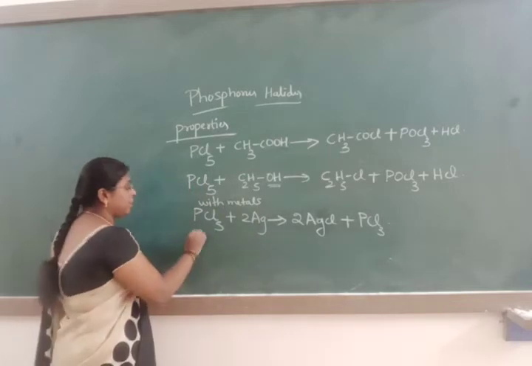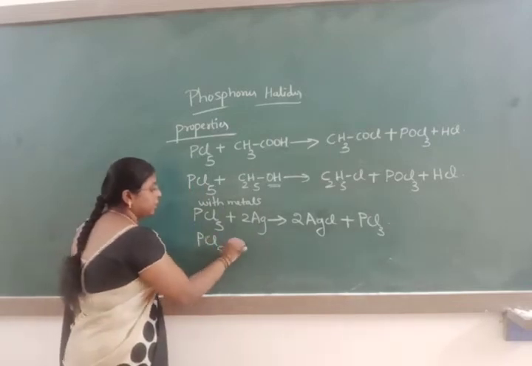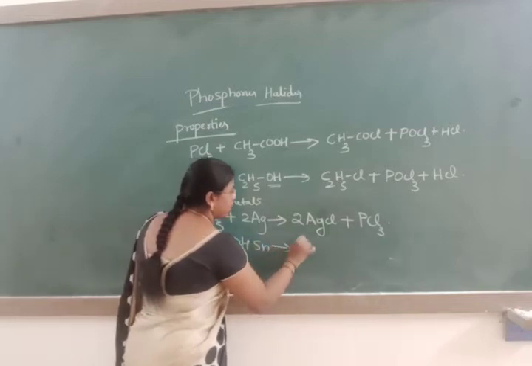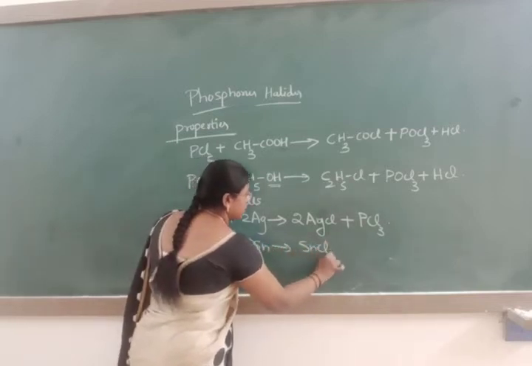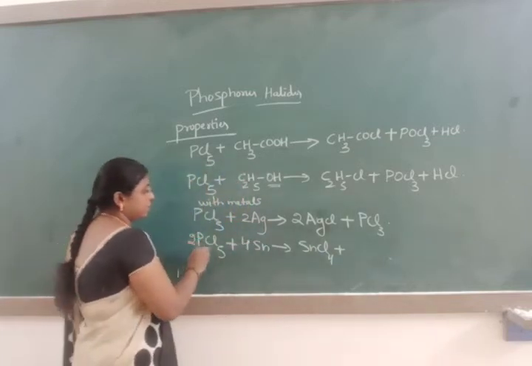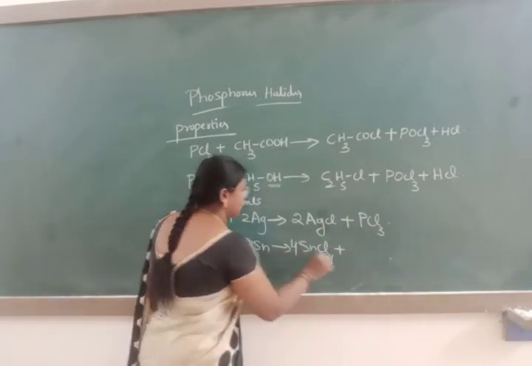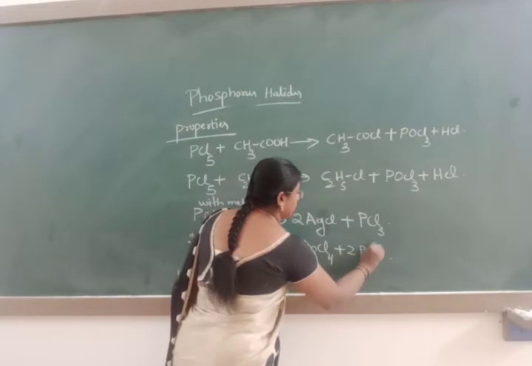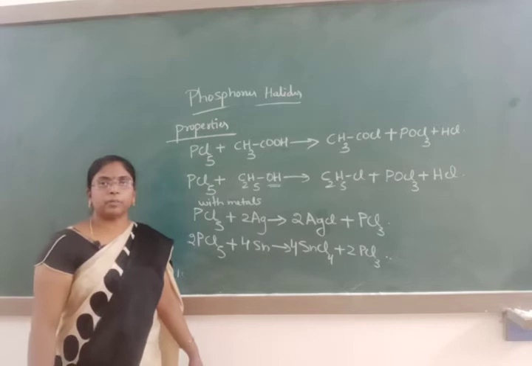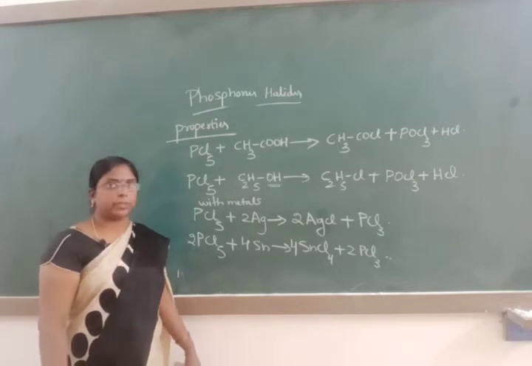Similarly, PCl5 reacts with metals like tin and forms SnCl4, along with PCl3. These are some of the properties of PCl5.